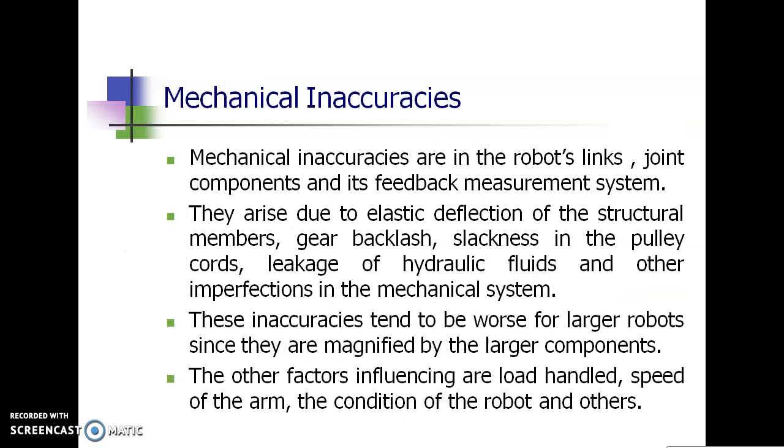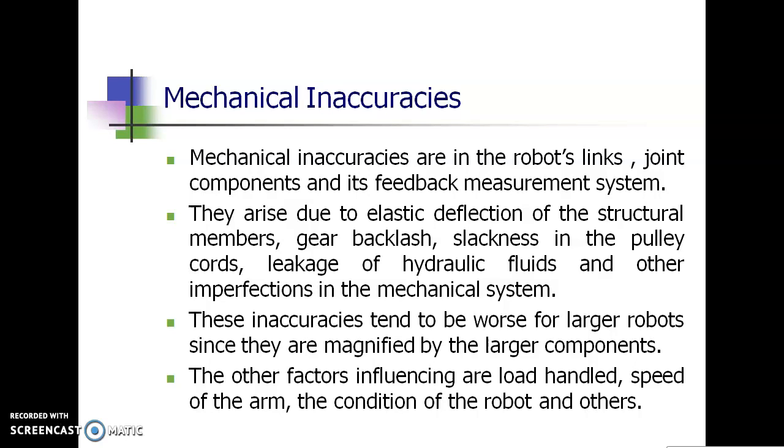So what are mechanical inaccuracies? From the word itself we can understand. There are a number of mechanical elements. The robot's physical structure itself is a mechanical structure. We have some power transmitting elements, so we have links, joints, and power transmitting devices.